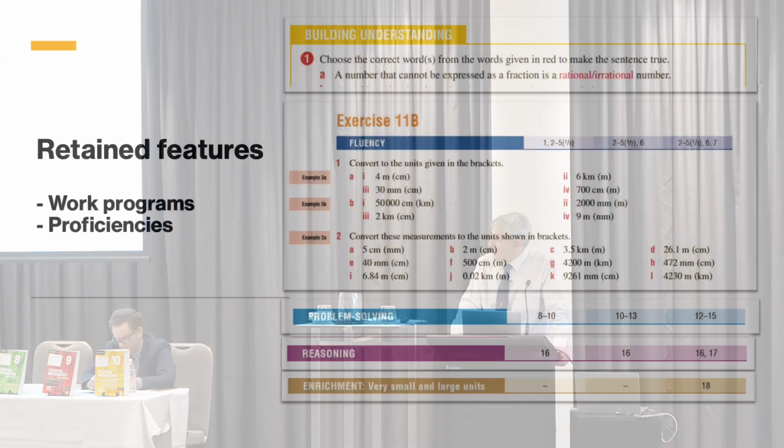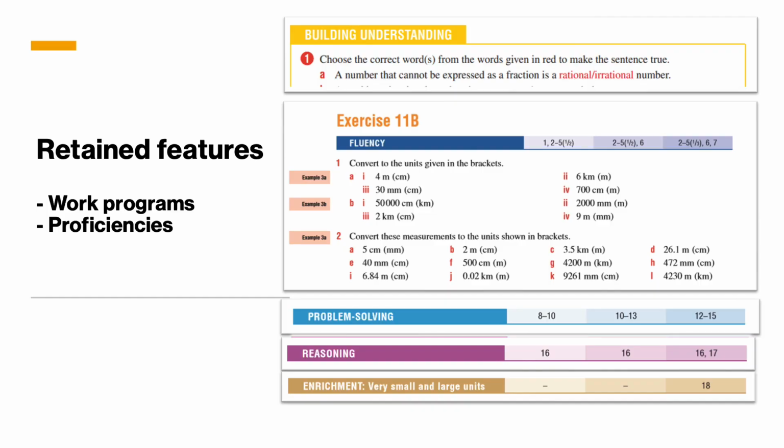There has been a lot of work over the last couple of years, especially with those early questions in each exercise, where we wanted to make sure there was a one-to-one match of the first couple of questions with the examples. So a while ago now, we moved the building understanding questions to the teaching area of the chapter. And so those first few questions have a one-to-one relationship with the easier examples in the textbook.